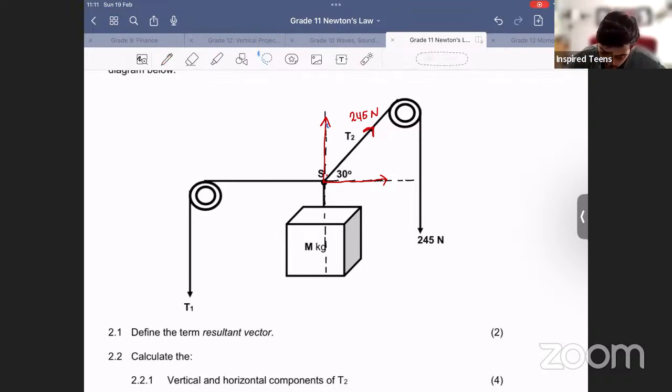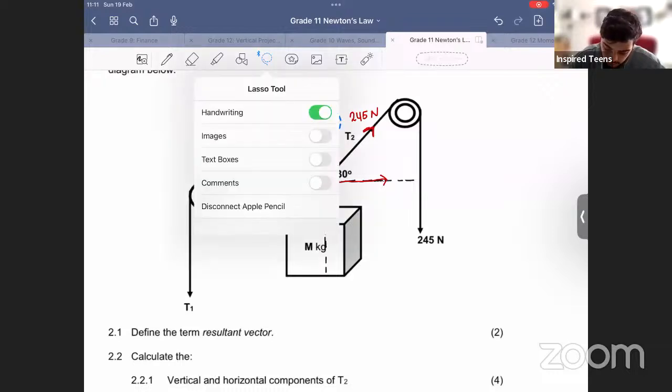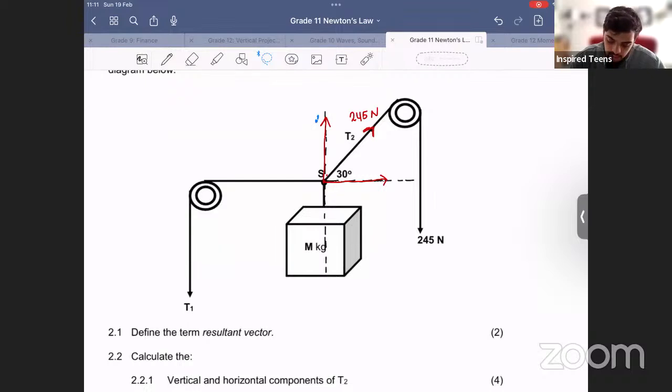The original force actually kind of acts as a resultant vector, because when you combine these two head to tail, it gets there. I know I didn't draw it perfectly, but technically that's also correct, because that force is there as well. When you move it across this way, it acts as a resultant vector.